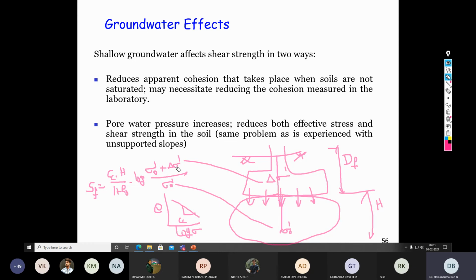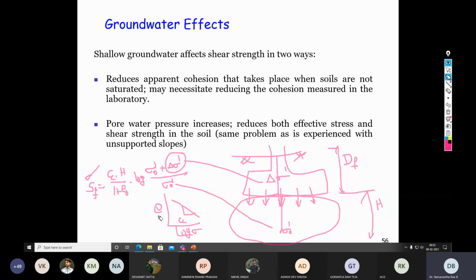Suppose if I remove the delta sigma term from this equation, then there is sigma naught dash by sigma naught dash, so this will become log of 1. As you know, what will be the value of log of 1? Then accordingly you can calculate the final settlement.